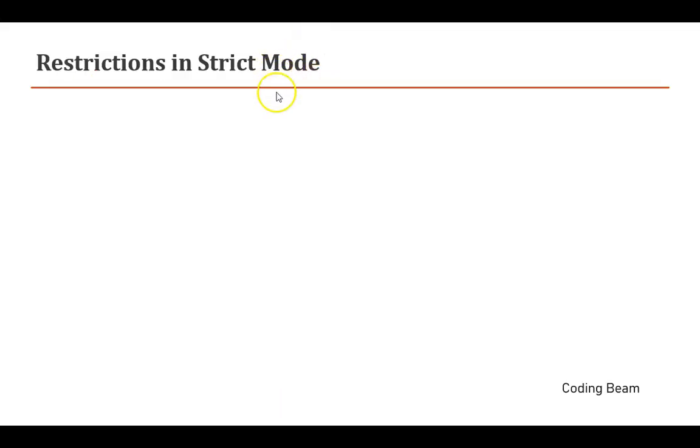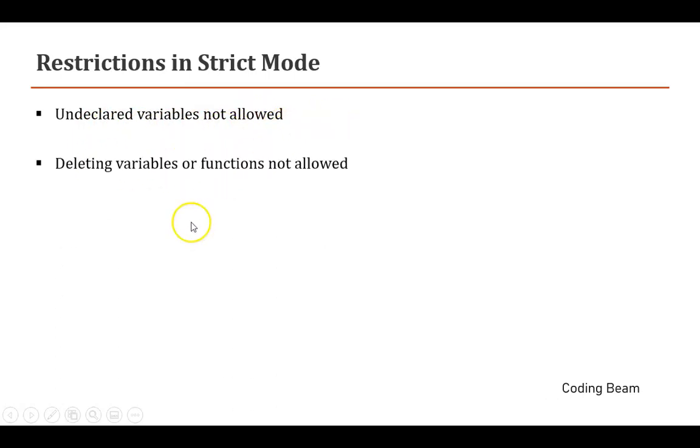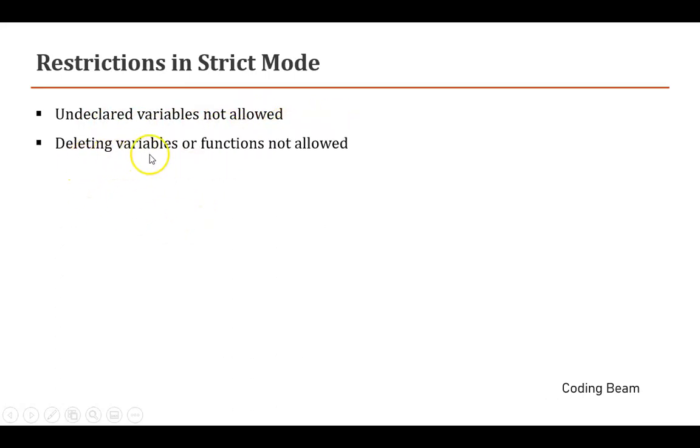Now there are some restrictions in the strict mode. First, undeclared variables are not allowed, and we have seen the example of it. The second one is that deleting variables or functions is not allowed.